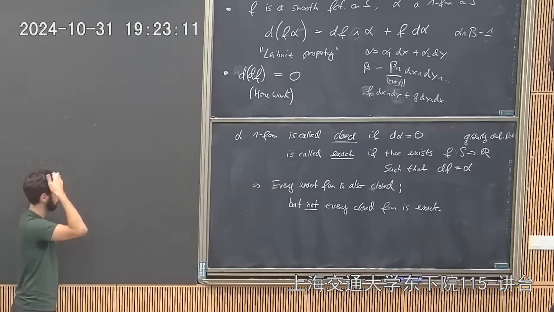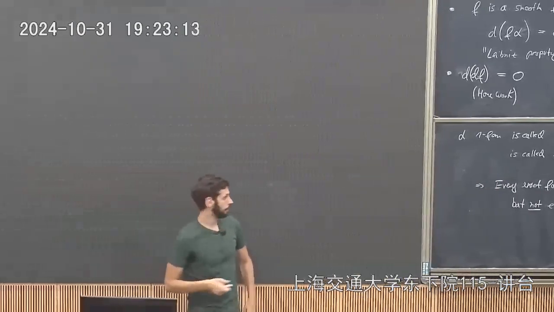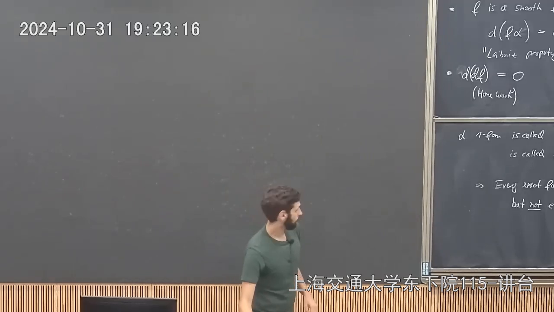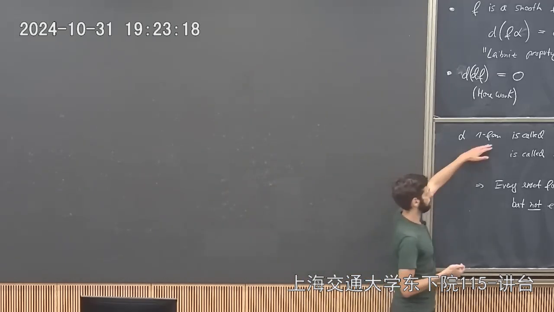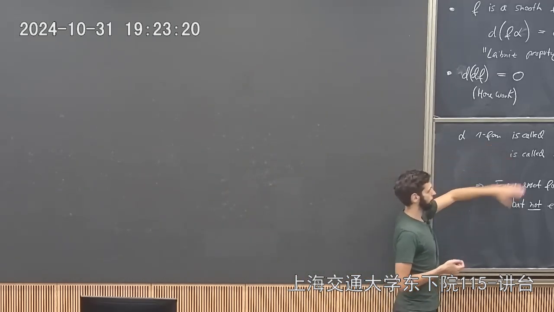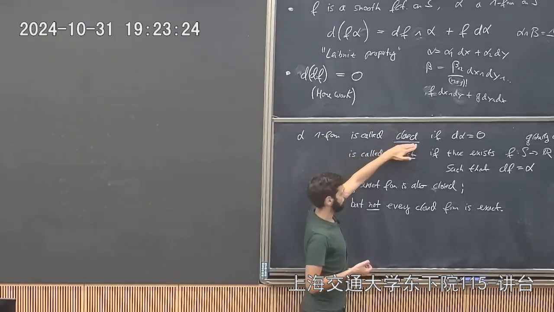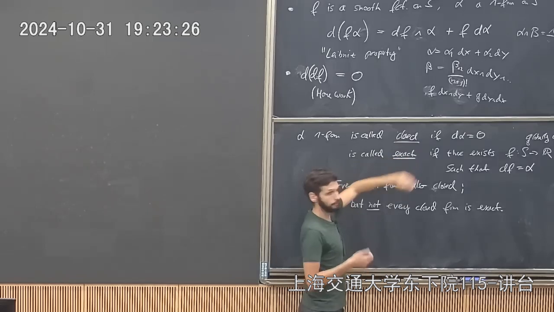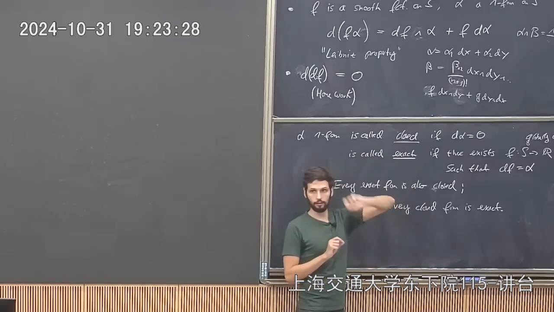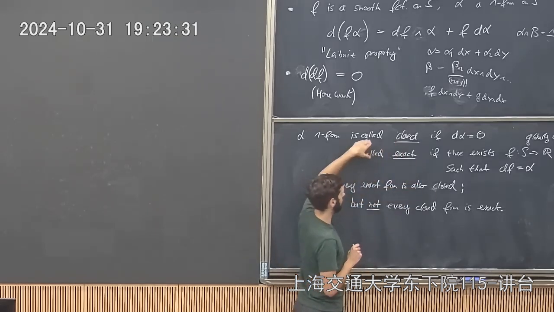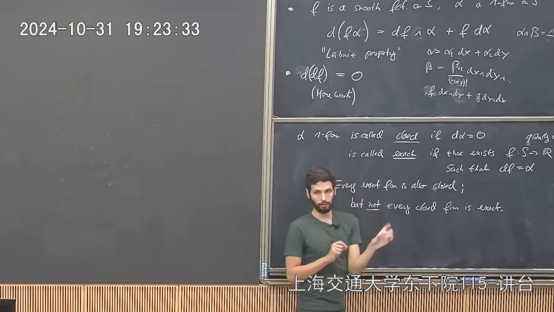If you're a physicist, you can think of a one form essentially as a force, and then closed means that it's conservative, that it doesn't depend on the chosen path that you take to calculate the work. And exact means that you have a potential.